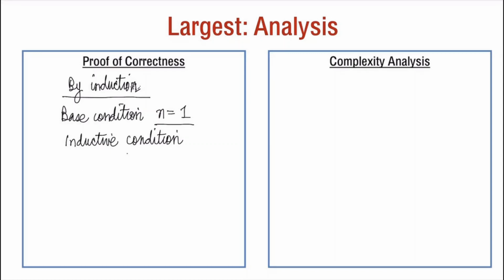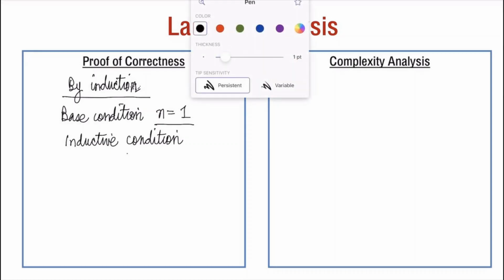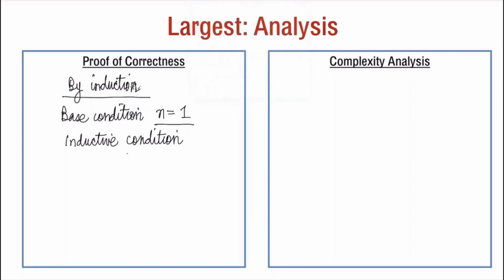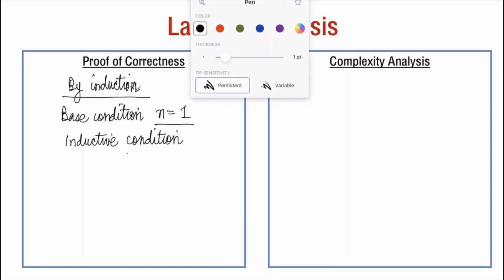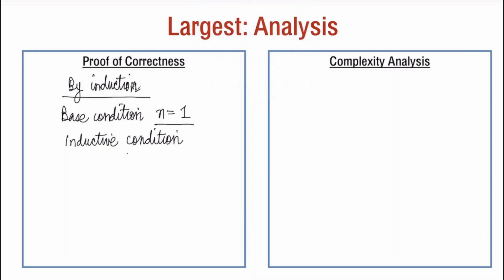Our function is max 2n. So max 2n, and we know that it is true, inductive condition, that it is correct, it finds it correctly for all n less than n naught.